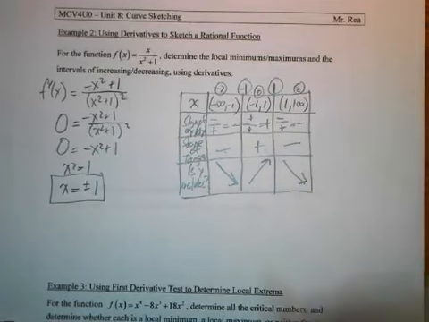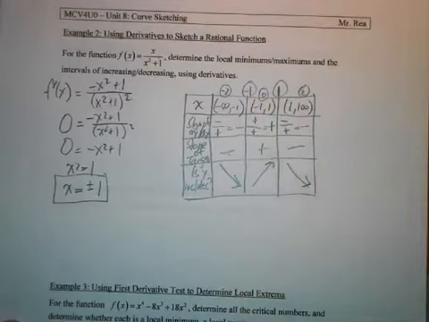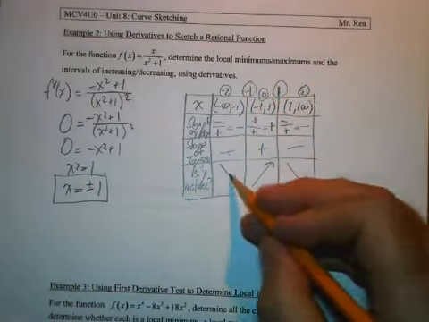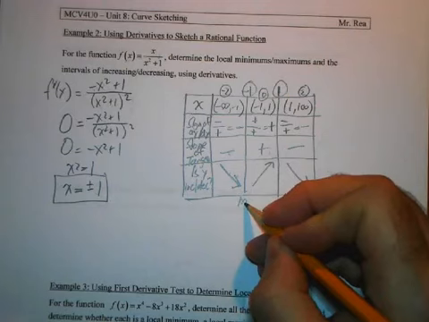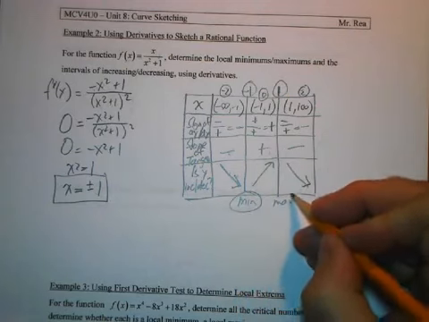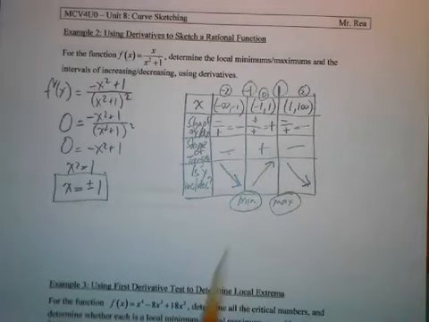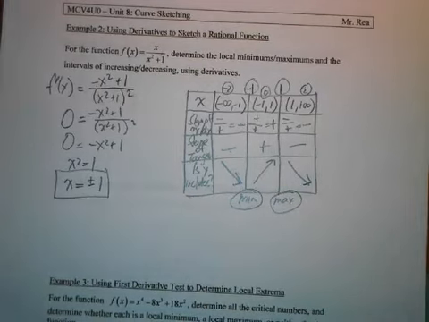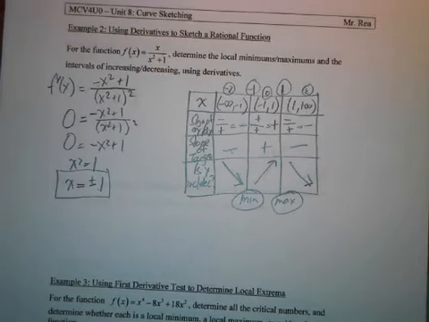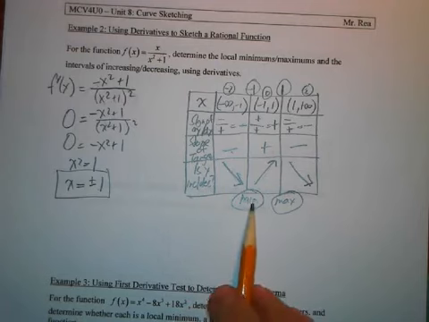Now when you look at your critical points here, -1 has to be a local min, and this one has to be a local max, based on whether the intervals to the left and right are increasing or decreasing. That's all we had here.